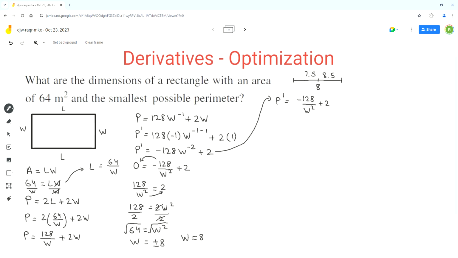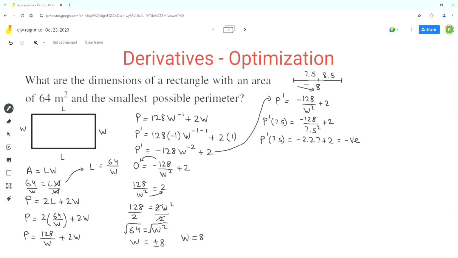So let's start with the test value 7.5. Now we can evaluate this expression. So I get a negative value. That means on the left side of W equals 8, the function is decreasing. The slope of the tangent is negative.